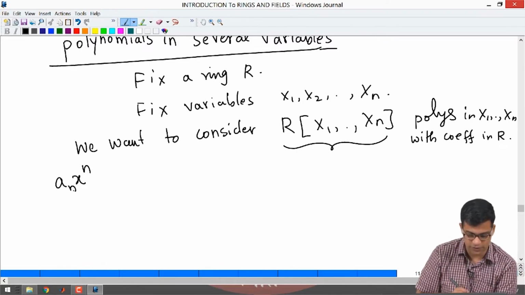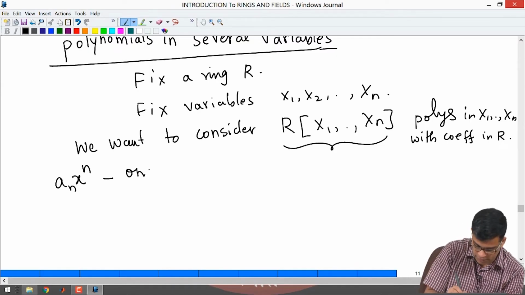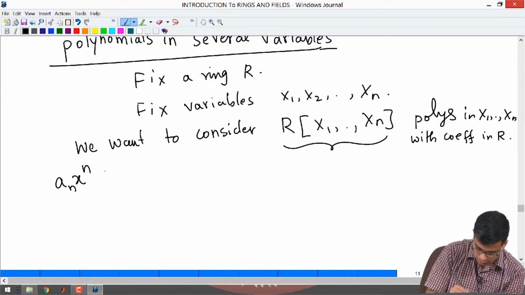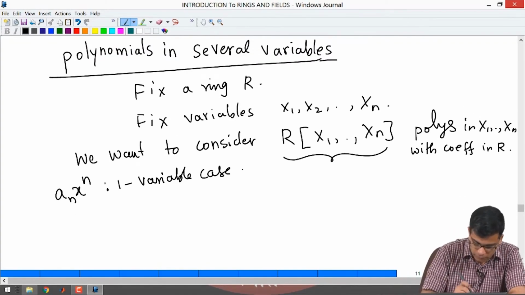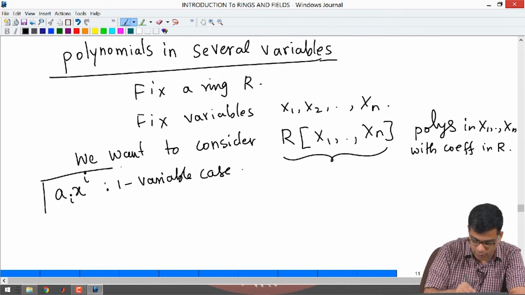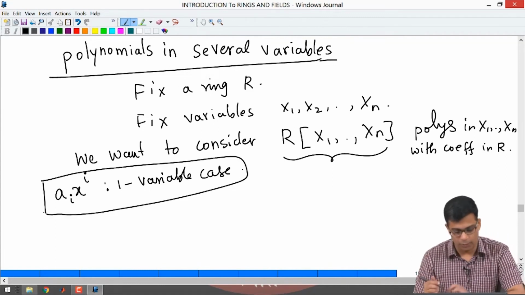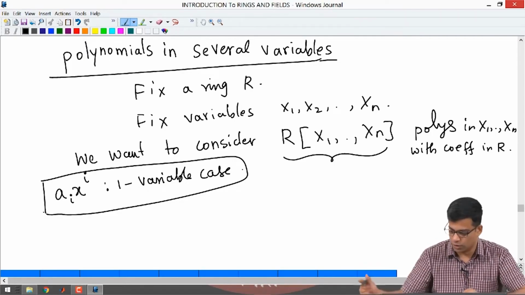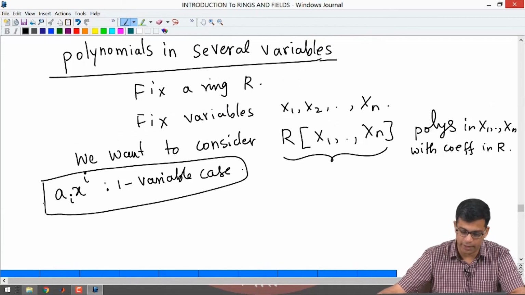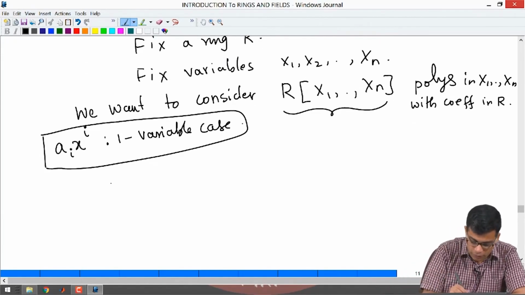Okay. So, just like in the earlier case, we had monomials of this form in the one variable case. So, this is one variable case. If you remember, a polynomial is made up of terms like this, we add several of them together. Here a multivariable polynomial will be made up of terms like this.